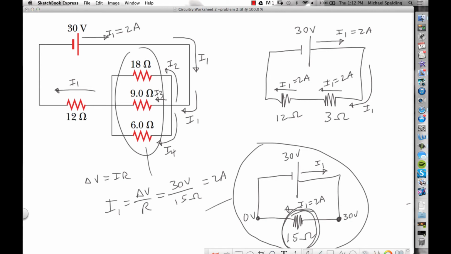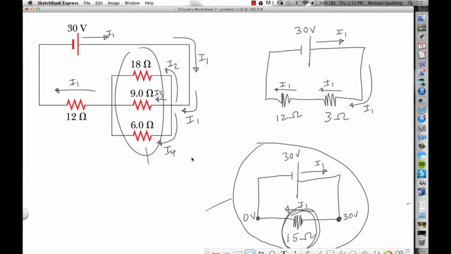Okay, so finding the delta V's in the circuit. Anyway, I put it back, 2 amps.